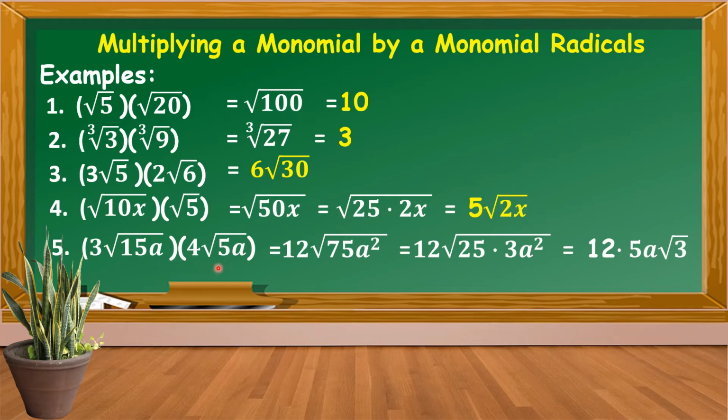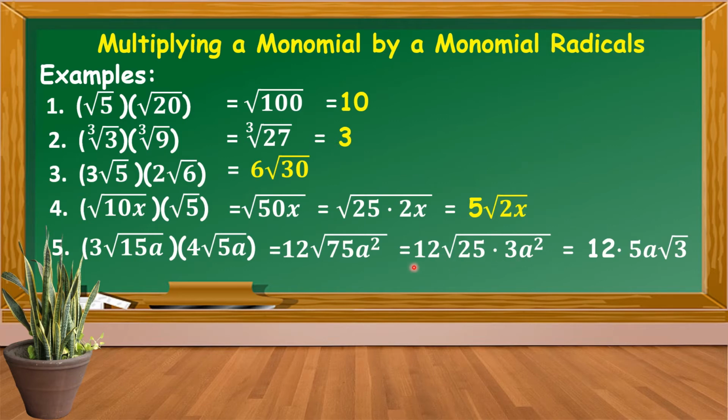So, 15 times 5, that is equal to 75. Then, a times a is a squared. Ngayon, si 75, may factor siya na perfect square. So, ano yung factor ni 75 na isang factor perfect square? That is 25 and 3.